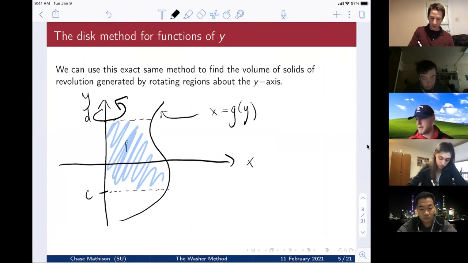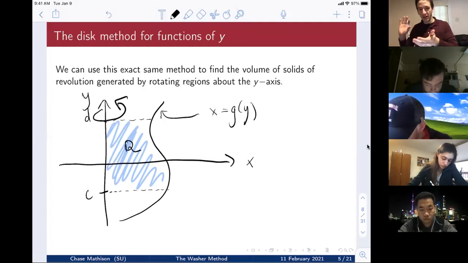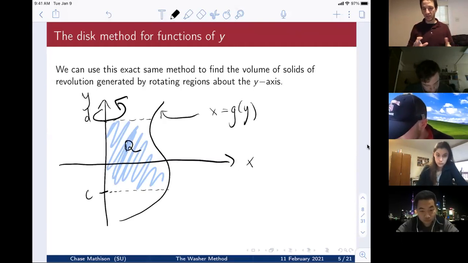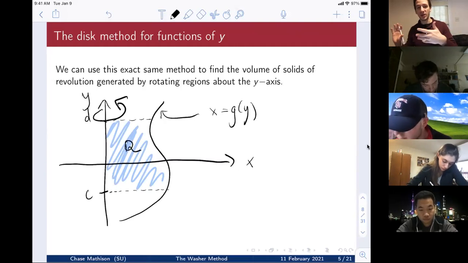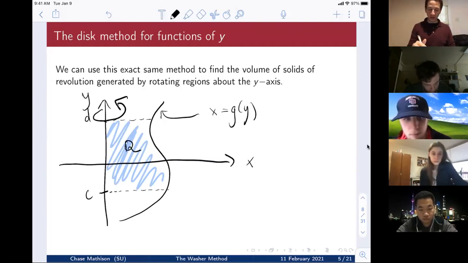In the theorem, I call this region Q. Instead of rotating about the x-axis, I rotate this region, defined in terms of functions of y, about the y-axis. Then you do the exact same thing.